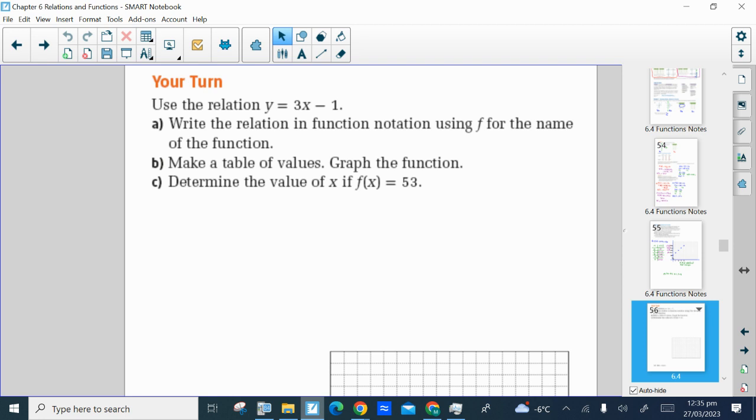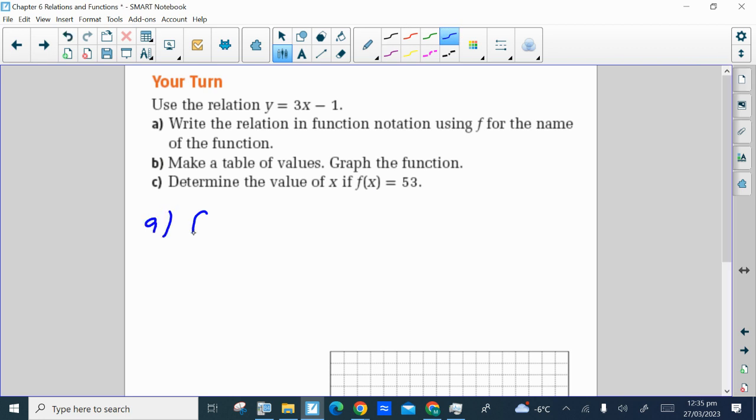So we started looking at functions last class. What is a function? And when you do have a function, you can write it using function notation. So we've got this relation y equals 3x minus 1. To write it in function notation, remember function notation has the letter f in there, which stands for function, and you've got a variable, a letter inside the bracket. That letter will match whatever variable is in the equation.